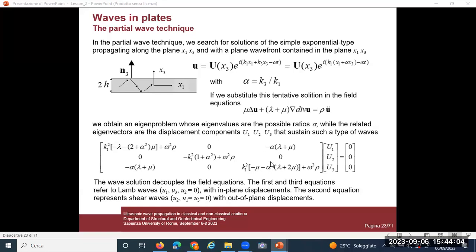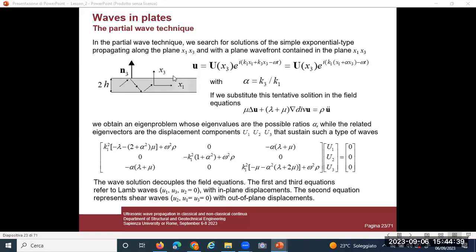That's not enough. We not only obtain a first eigenvalue problem, but we also observe that the equations of motion decouple. You see that you've got this one, the second one, which implies displacements according to u3. Who is u3? It is the direction which is orthogonal to the plane where propagation occurs.